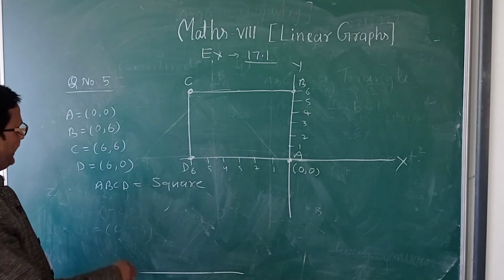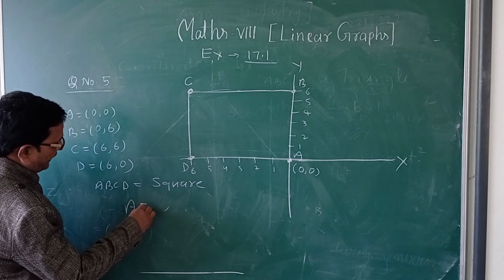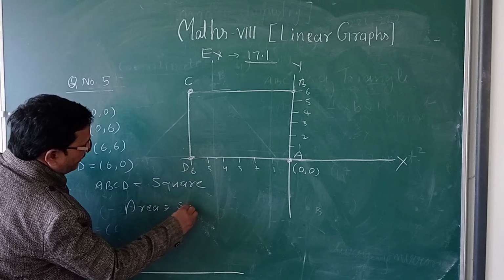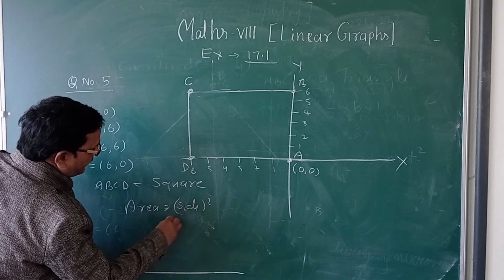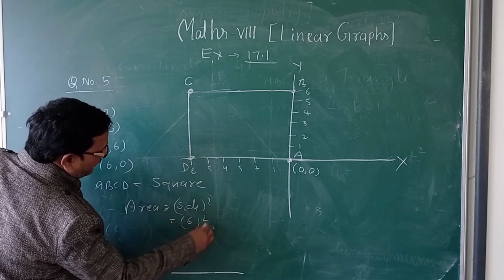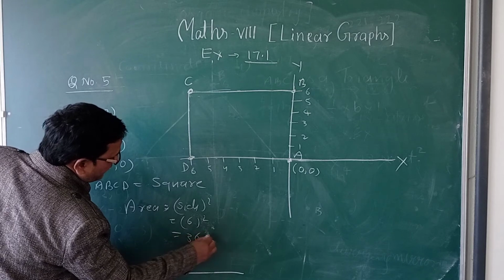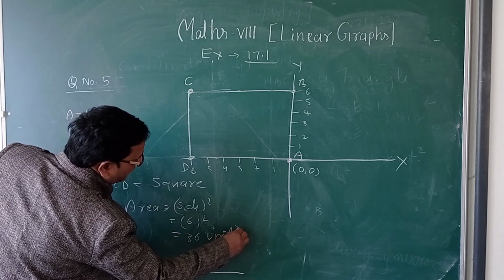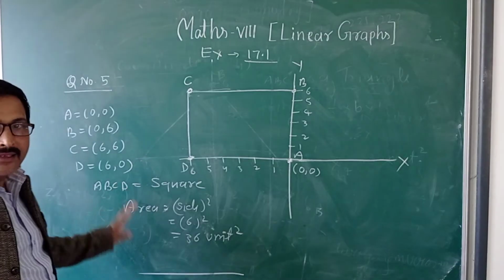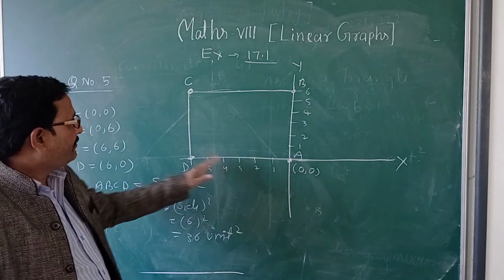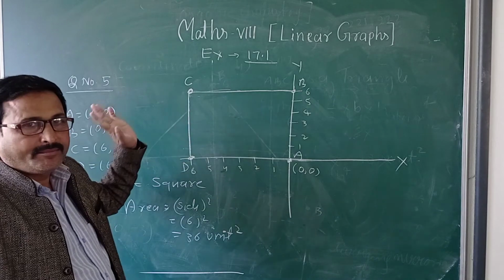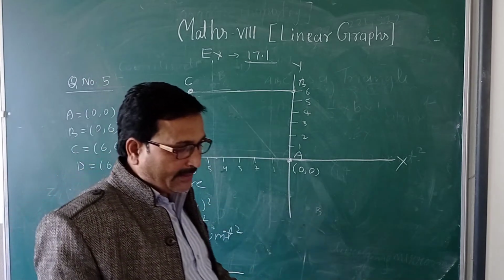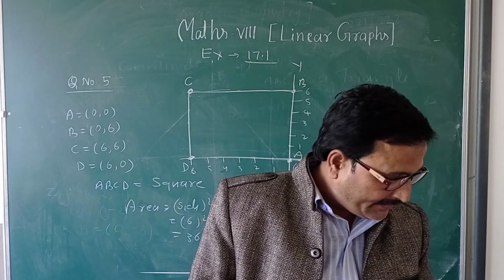If asked for the area, it is side squared: 6 squared is 36 square units. If asked for the perimeter, it is 4 times one side. This is your question number 5. Only 5 questions are given in this exercise.